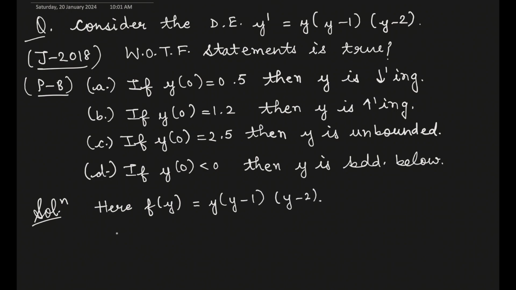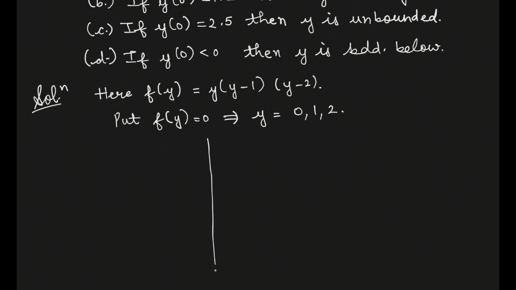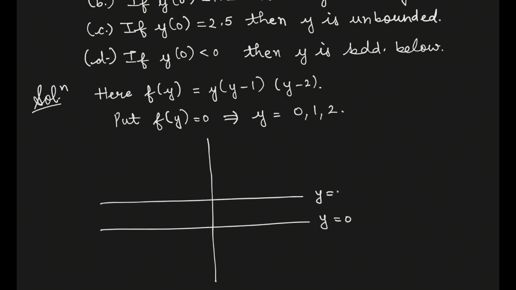Now put f(y) equal to 0, and the equilibrium solutions will be 0, 1, 2. Yes, correct. Now I will plot the graph. I have y equal to 0, y equal to 1, y equal to 2.